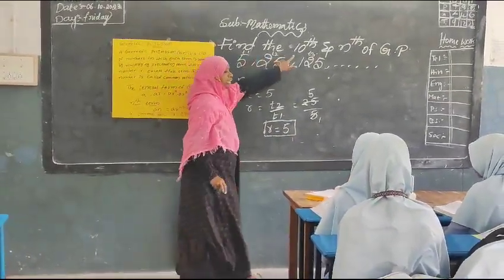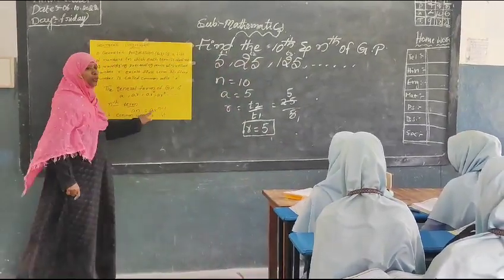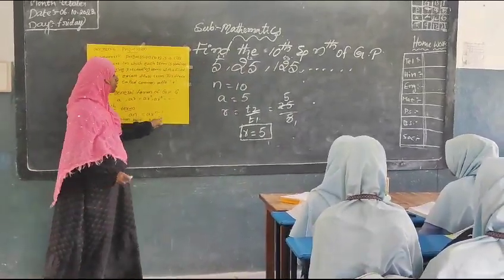Now find the 10th term. What is the formula? an is equal to ar power n minus 1.